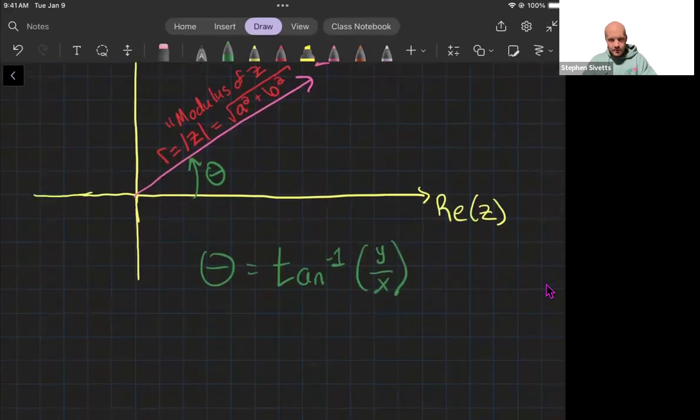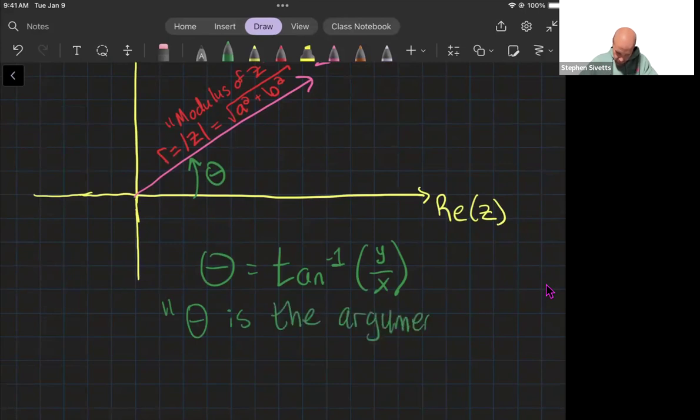In future videos, we're going to let theta be called the argument of z, the argument of the complex number, and it's labeled as arg of z.